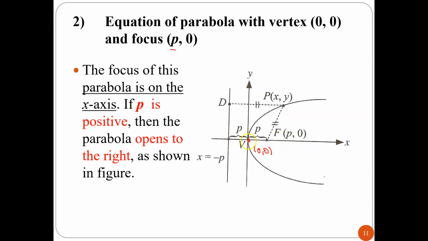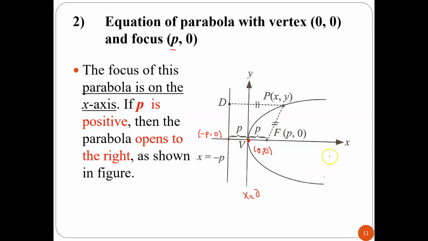And then when we go back to the left, you will have negative P, 0, because the y coordinate does not change. What changes is the x-axis coordinate. It goes backwards, negative P. So this straight line, the directrix, is x equal to negative P. And this one is x equal to 0, because it is the y-axis.